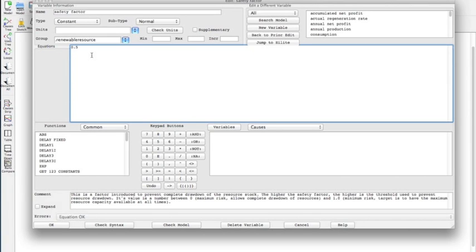Okay, and you can tweak this number, safety factor, around a little bit, but what we'll see is that if you start pushing this too low, essentially if you start taking more and more risks in exploiting this resource, you can run into a situation where you can collapse, and that can happen.